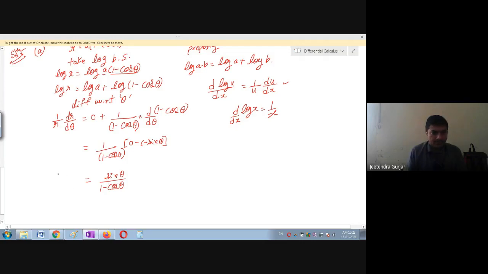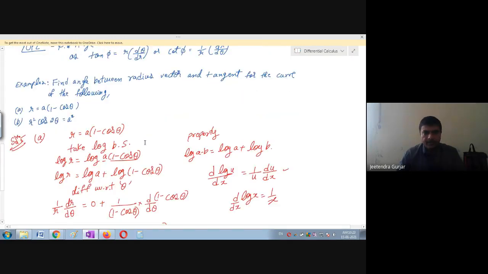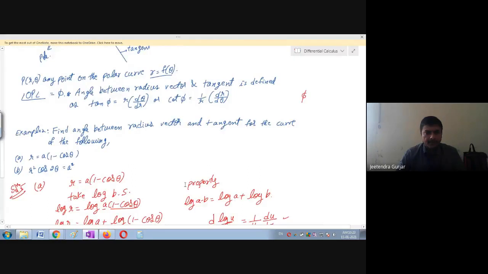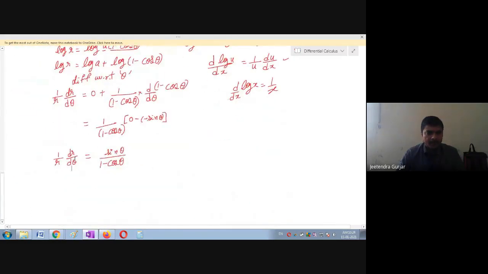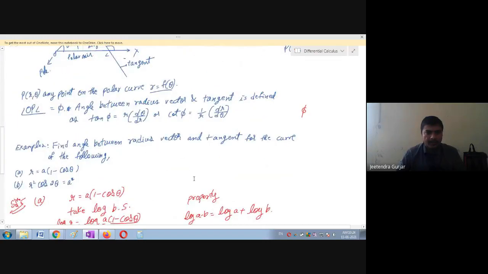So I write as it is 1 upon r dr upon d theta. Now I want to simplify this. Can anybody tell me what is 1 upon r dr upon d theta? I want it in this form, so which value can I substitute for 1 upon r dr upon d theta?